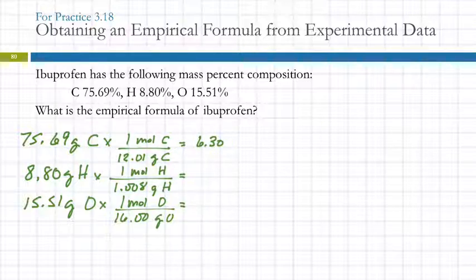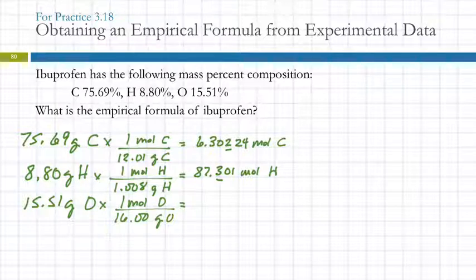No. 6.30224 moles of carbon. 8.80 divided by 1.008. 87.301 moles of hydrogen. And 15.51 divided by 16.